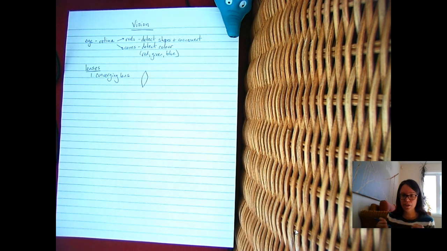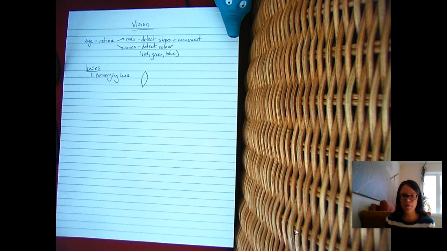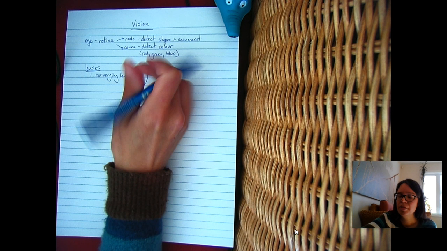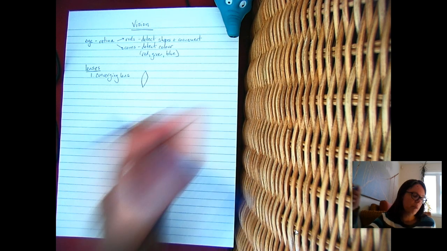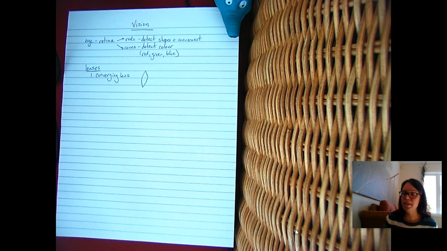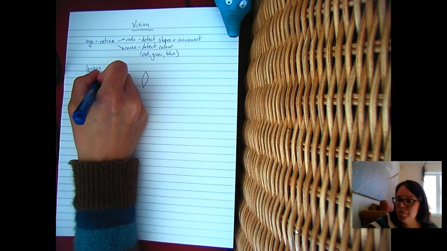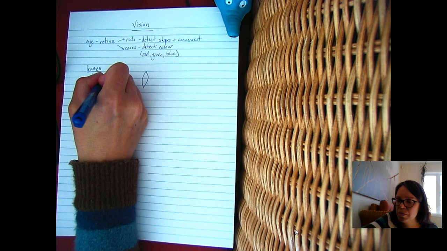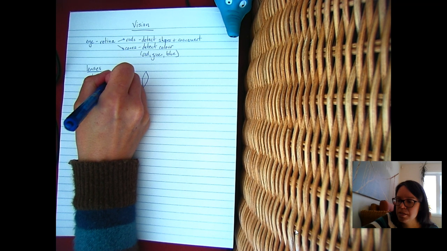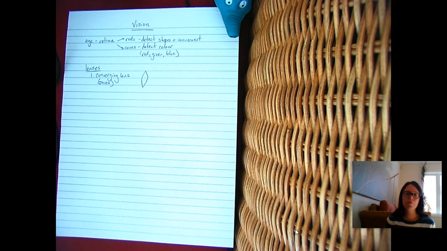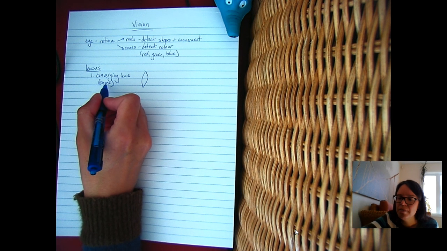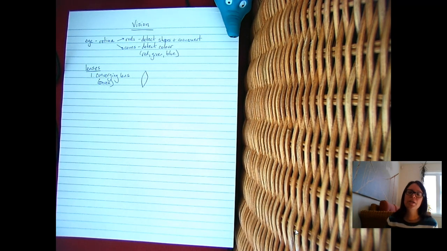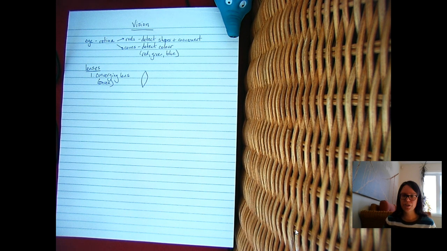So like you kind of saw in the eyeball, that's the shape we have in our eyeball. Okay, wider at the middle than it is at either end. This can also be called a convex lens. So I'm just going to put this in brackets here. Convex. Okay, most of the time I am going to call it converging because that's a better explanation for what the lens actually does.